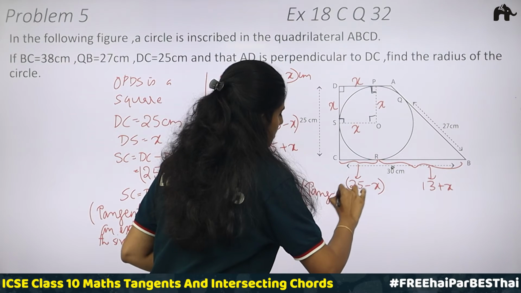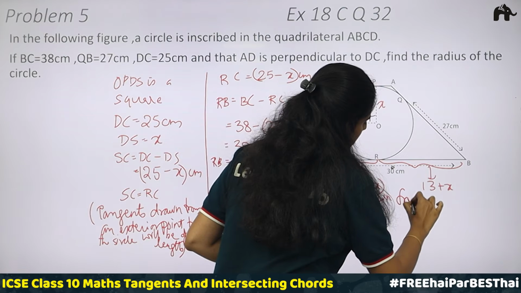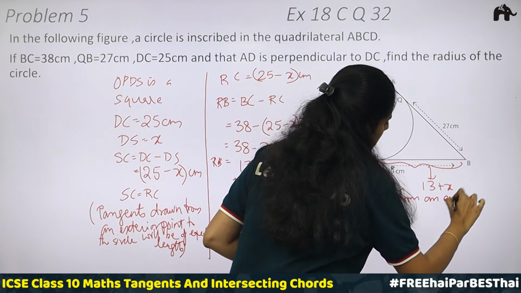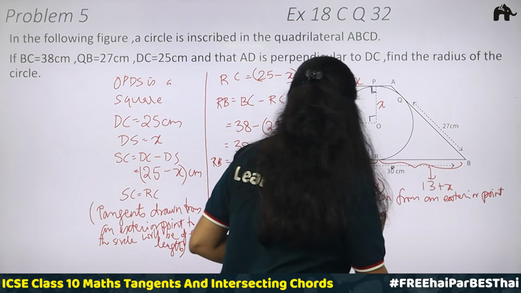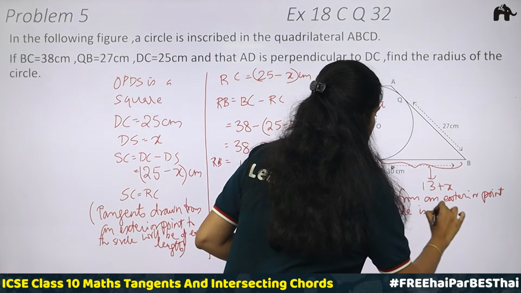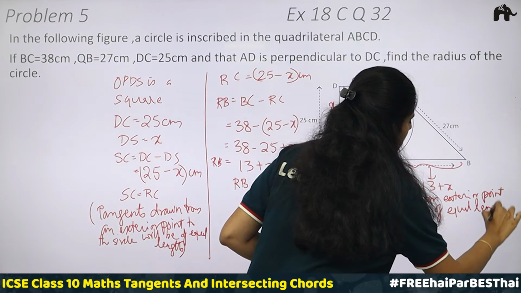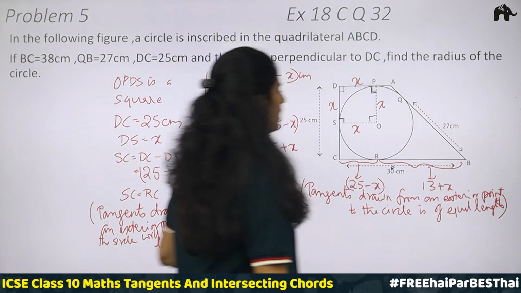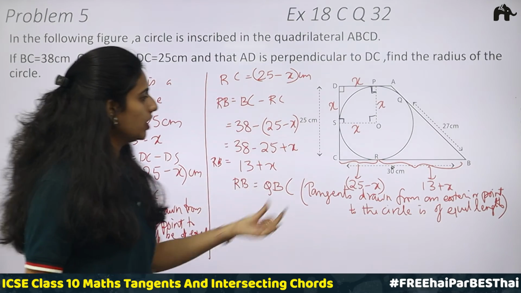Tangents drawn from an exterior point to the circle are of equal length. Therefore, we will be having RB equal to QB.